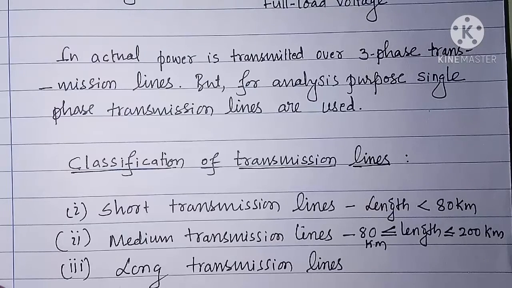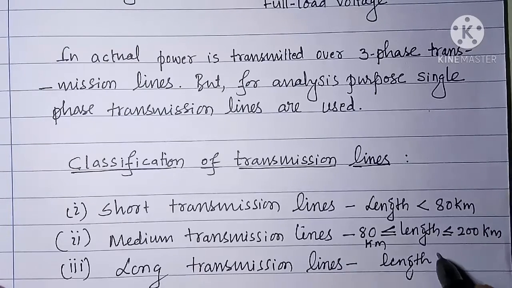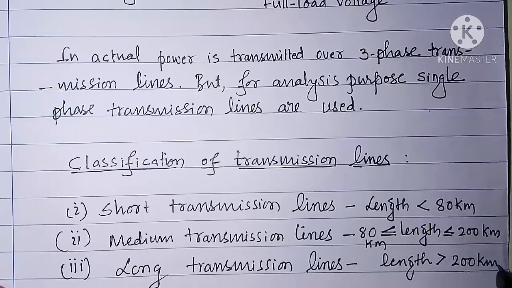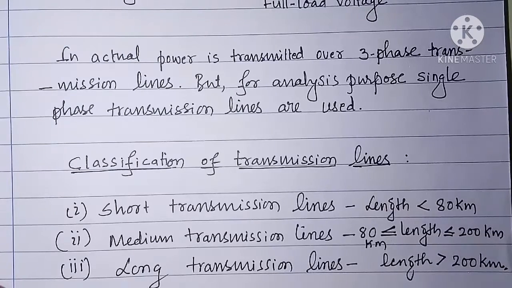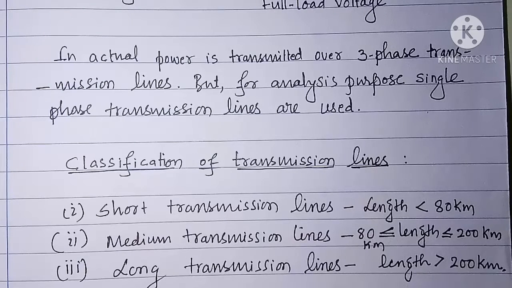And long transmission lines are those transmission lines whose length is more than 200 kilometers. So based on the length of transmission lines are classified into three types. First one, short transmission line. Second one, medium transmission line. And third one, long transmission line.